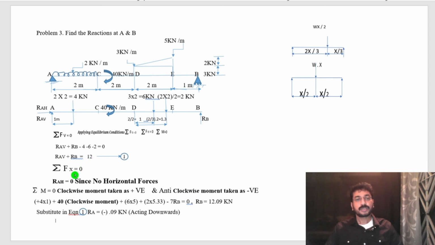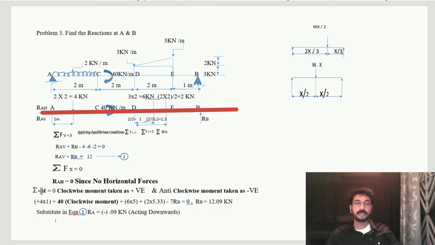In the case of the x direction, the net force acting along the x direction, RH, is 0 since there are no horizontal load components on the beam. Apply the equilibrium condition sigma M is equal to 0. Draw a horizontal and a vertical line passing through the point A. The 4 kN makes a clockwise moment of magnitude 4 into 1. The direction of the 40 kilonewton meter moment is already given.